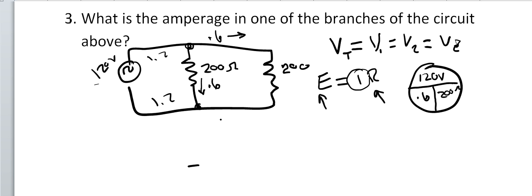If 0.6 comes back and meets up with this current here, 0.6 plus 0.6 is 1.2 amps. So you could see that they combine to reach the total amperage. So let's take the next one.